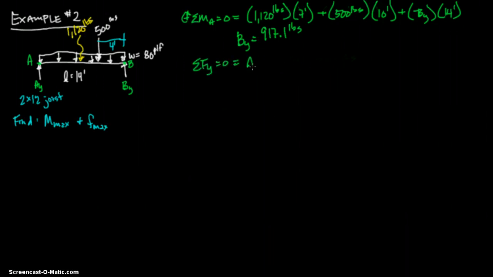Go from left to right. We have AY going up. We have negative 1120 pounds, negative 500 pounds. And we have a positive BY, which is 917.1 pounds.